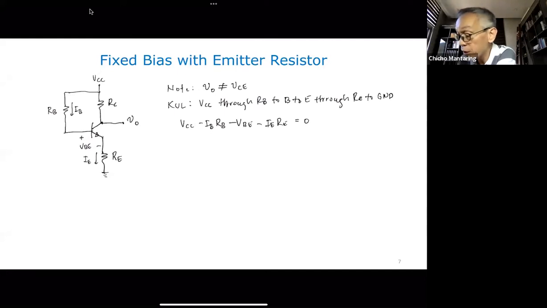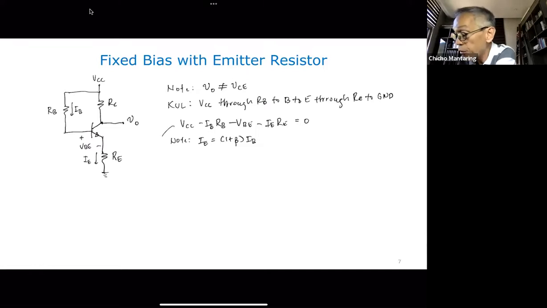Note, however, that IE is equal to (1 plus beta) times IB. This is from KCL: IE is IB plus IC, but IC is beta IB. That's why IE is (1 plus beta) times IB.